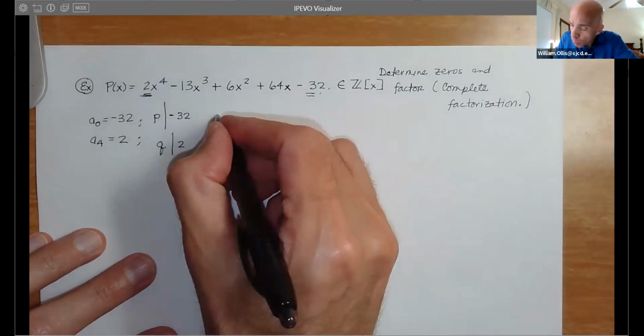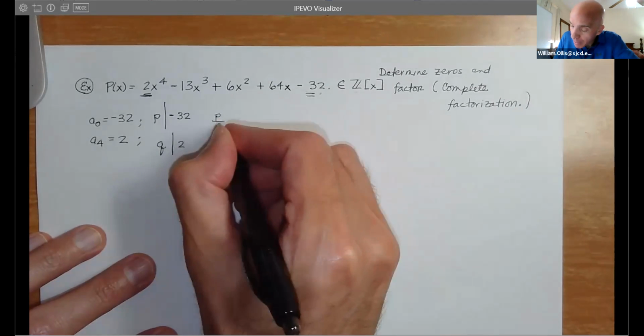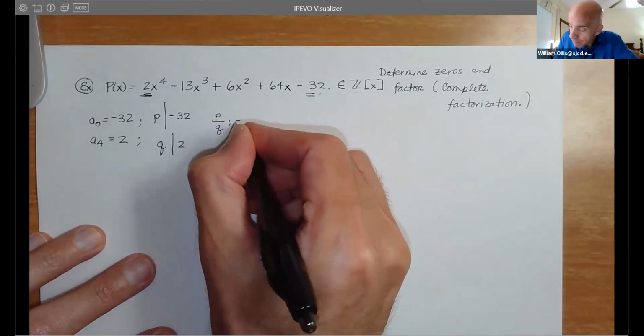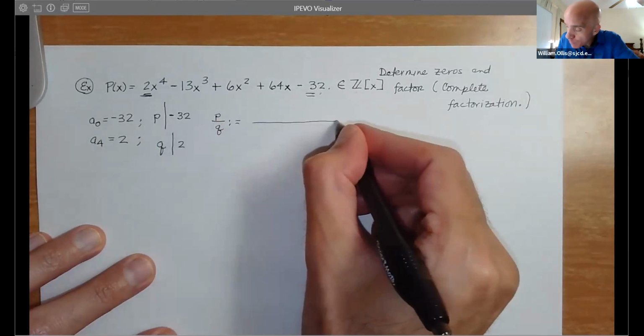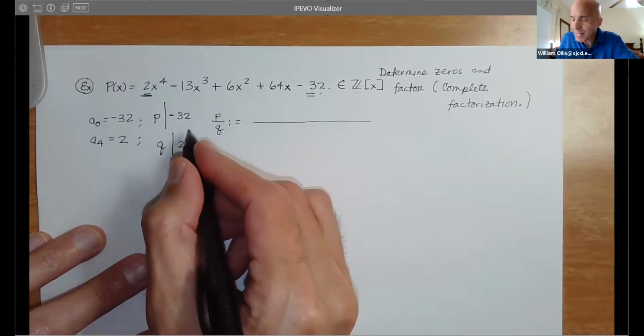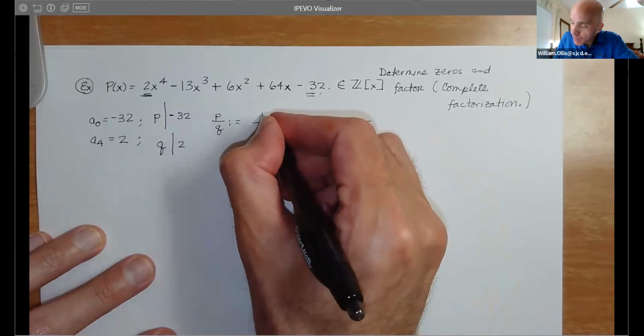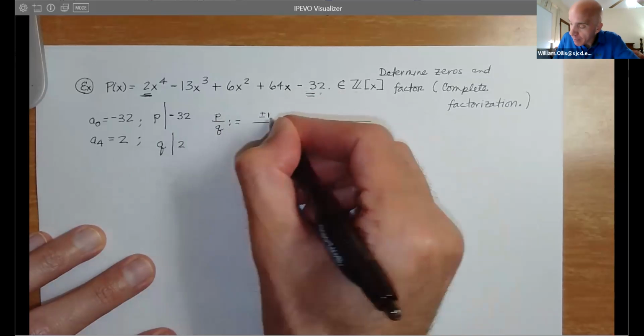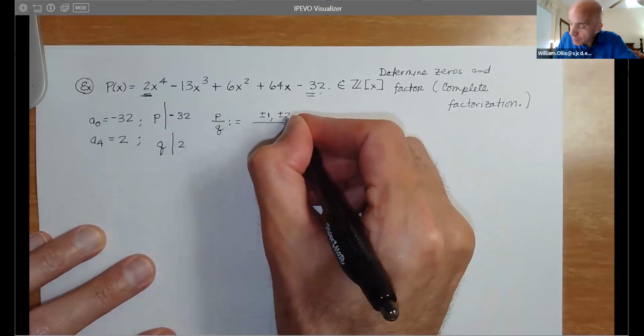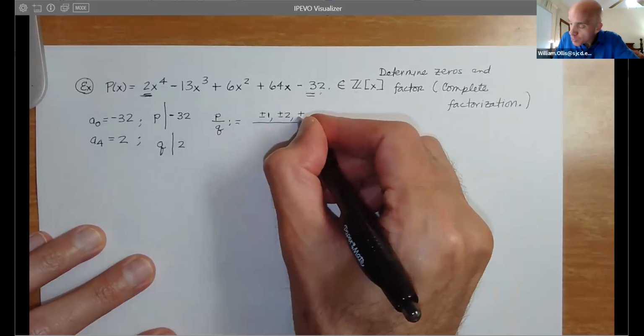So now we'll say p divided by q. And we're going to put all the factors of 32, but that's really easy because that's just 2 to the 5th. So good for WebAssign. Plus or minus 1, plus or minus 2, plus or minus 4.